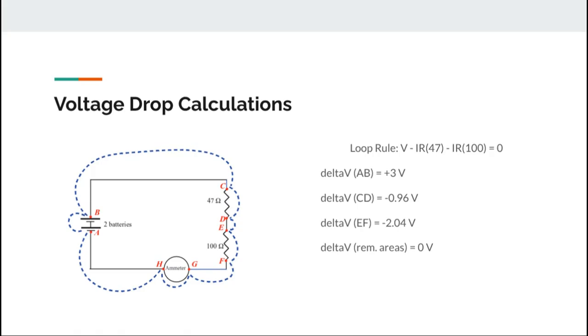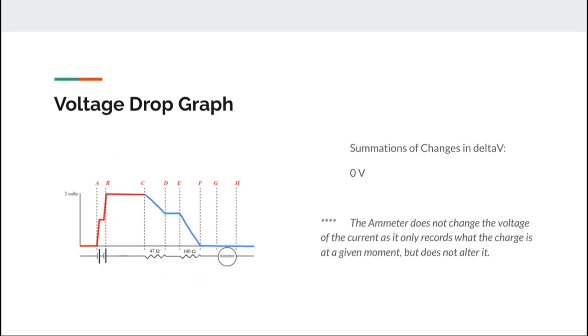Then you had from point EF, that's negative 2.04 volts. Then you had the ammeter and the rest of the areas, which is 0 V for delta V. So you can see what that kind of just means in graph form. Again, the batteries from A to B, and then you have the 2 resistors from C to D and E to F. And then again, everything else just remains constant.